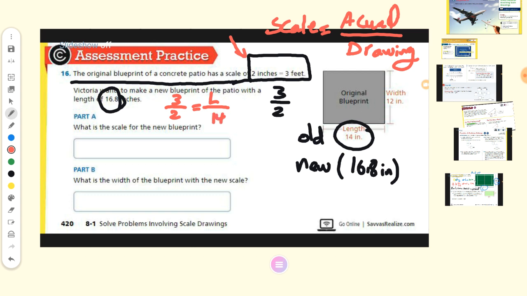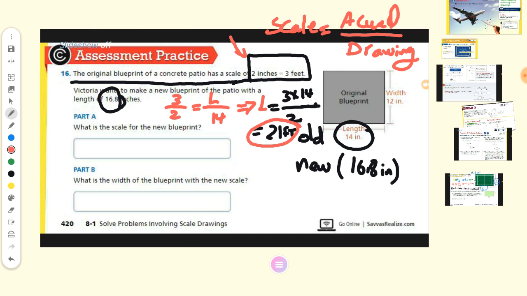So the actual length, by cross multiplication, is 3 times 14 over 2, which is 3 times 7, 21 feet. So the actual length is 21 feet.